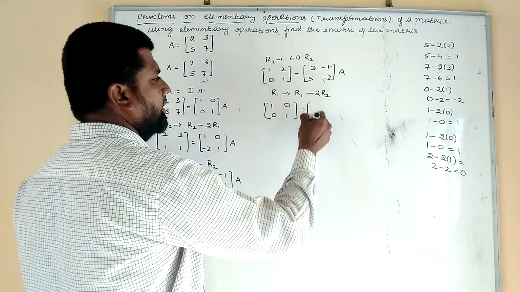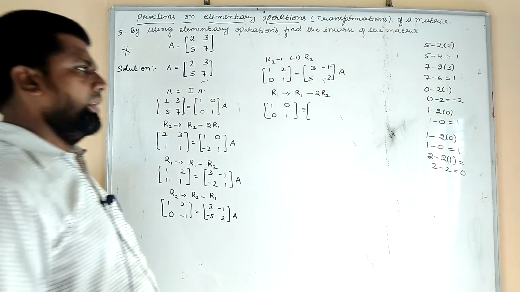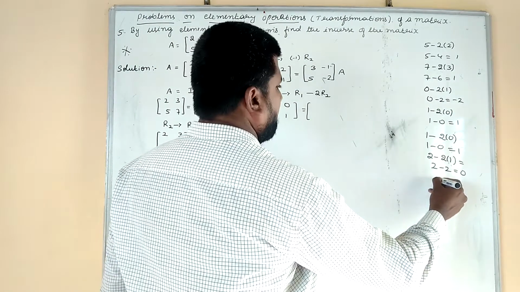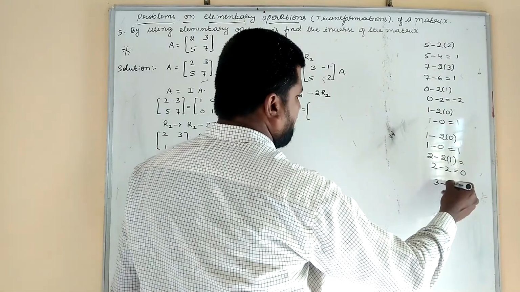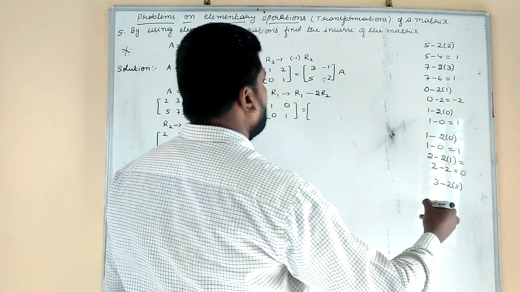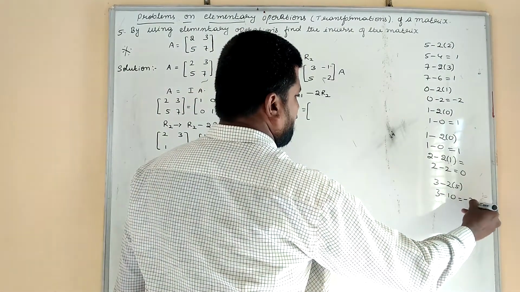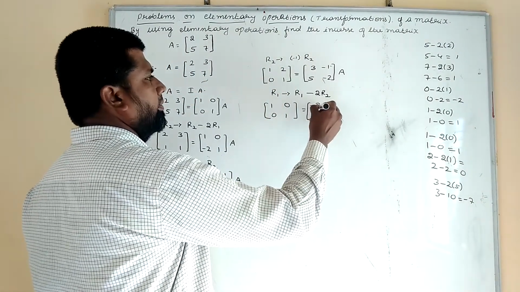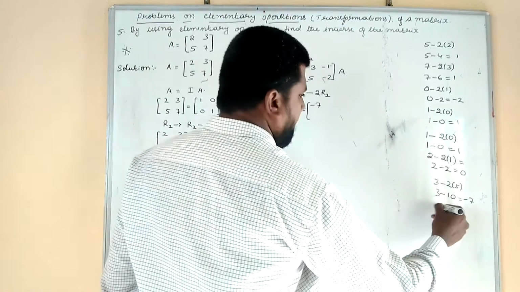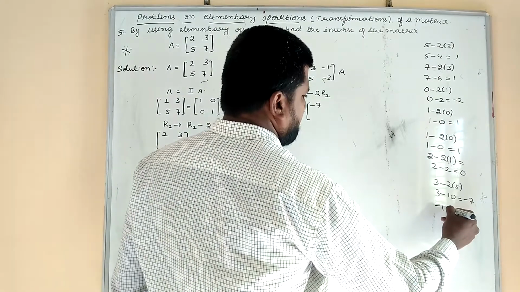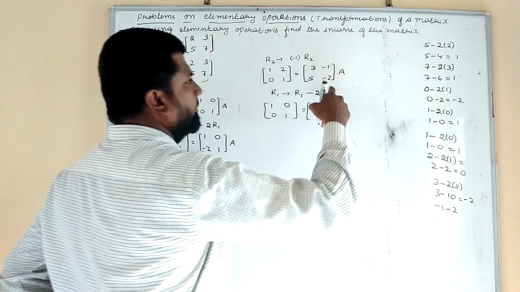So let us change in this matrix. We have to change R1. R1 is 3 minus 2R2. 2R2 means 2 into 5, which is 10. 3 minus 10, you are getting minus 7. So you are getting minus 7 here. Then R1 is minus 1 minus 2 into minus 2.